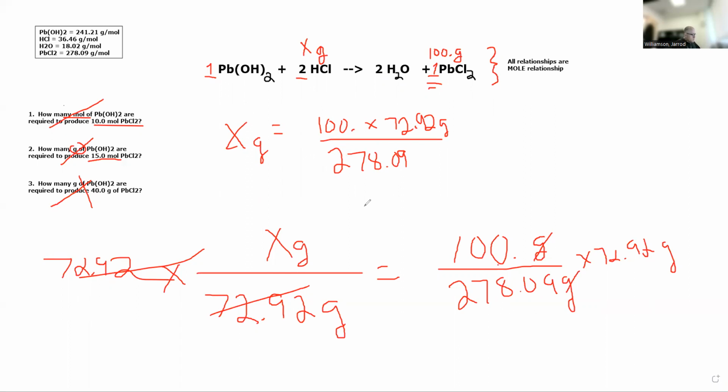So 100 times 72.92 divided by 278.09 gives me 26.2 grams of HCl. I didn't cancel all the grams.